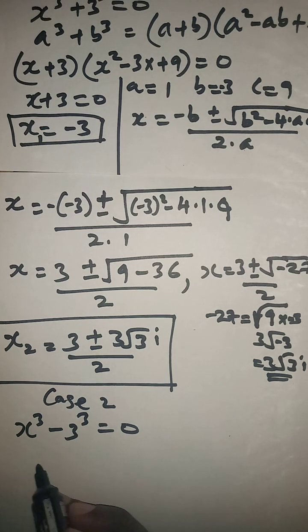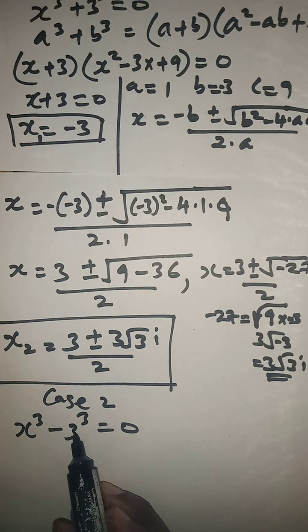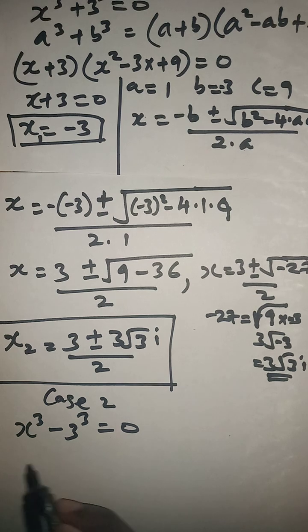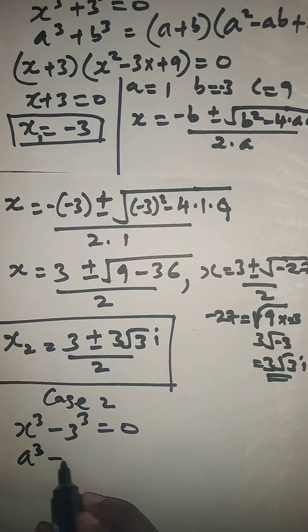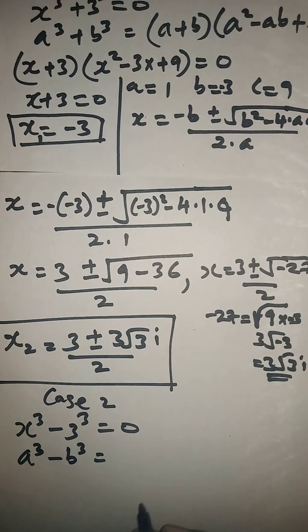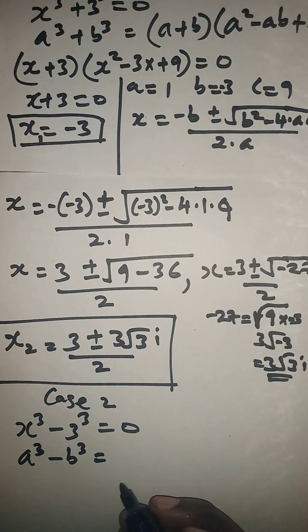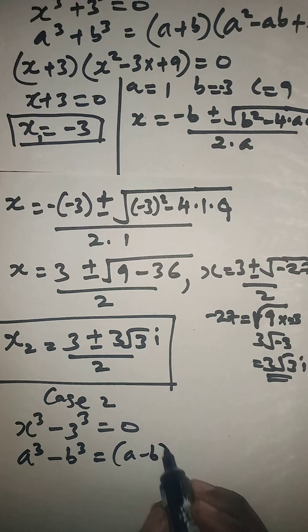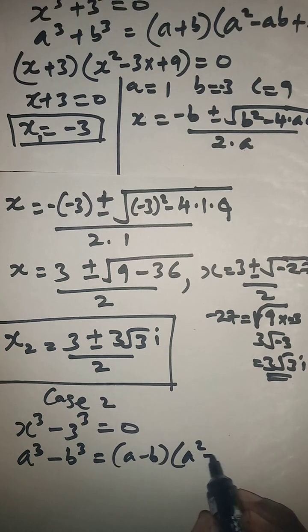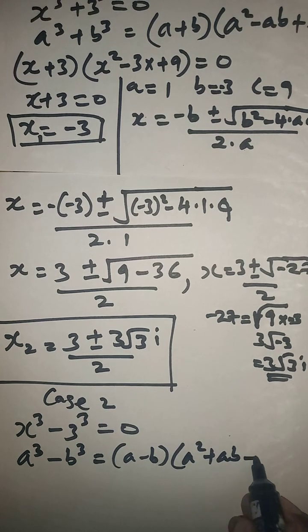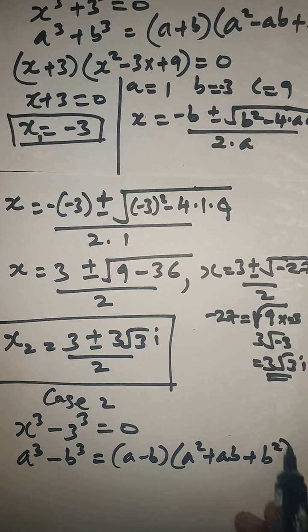So let's continue. X cubed minus 3 cubed obeys the expansion of a cubed minus b cubed. Of course, this can be expanded as a minus b, in bracket a squared plus ab plus b squared.